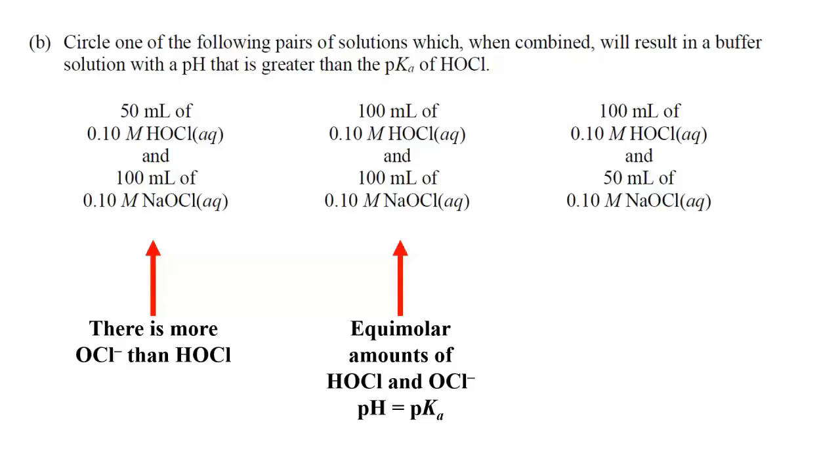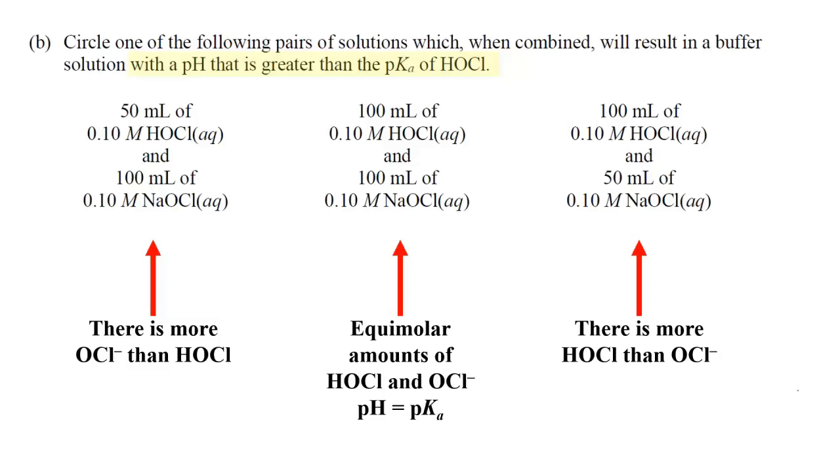So in that third combination, there is more of the weak acid, HOCl, than there is of the conjugate base, OCl-. So we know that the correct answer to part B is either the first combination or the third combination, because the pH is not the same as the pKa. What we're looking for is a solution in which the pH is greater than the pKa of HOCl.